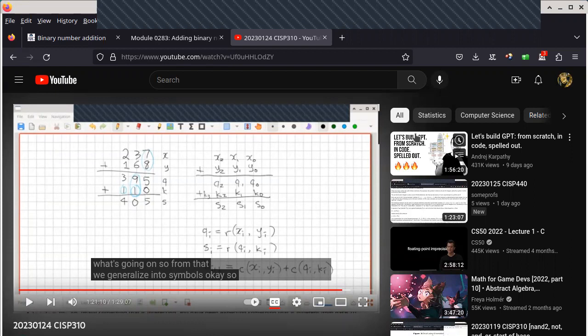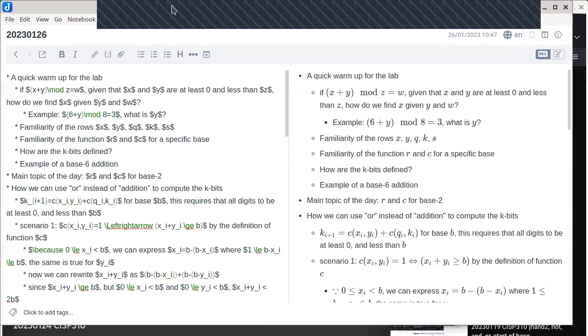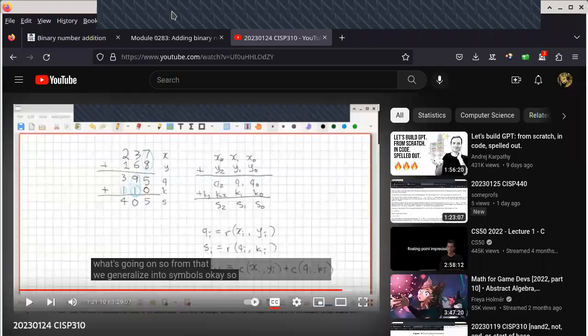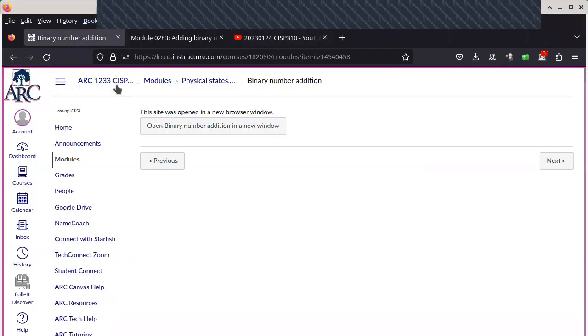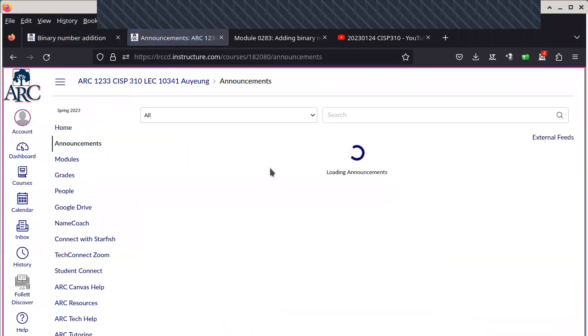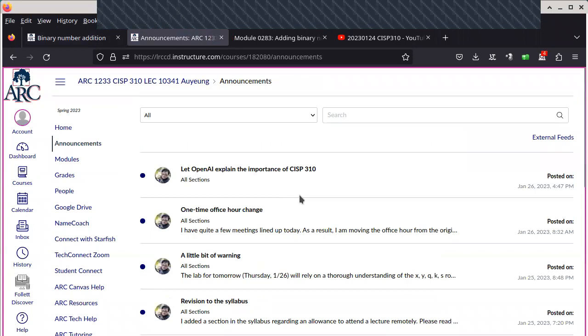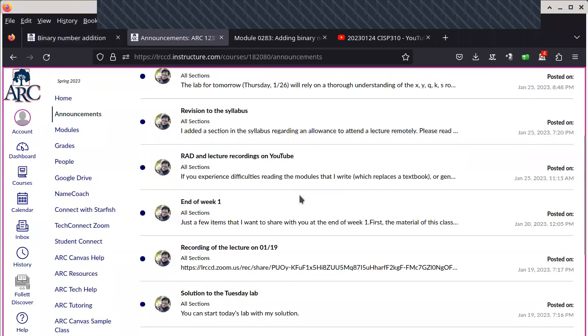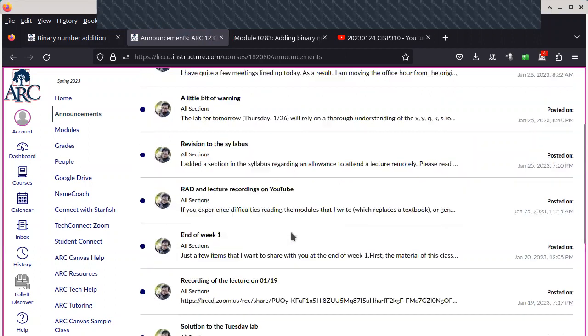So you might be asking, but how do I find that video? There are several ways. The first one is to go back to the class. Okay, so I'm going to open a new tab here. This is why I end up with a bazillion tabs in my browser. If you go back here, you go to the announcements, and I believe that for every single recording I disclose the recording, and maybe not for that one.